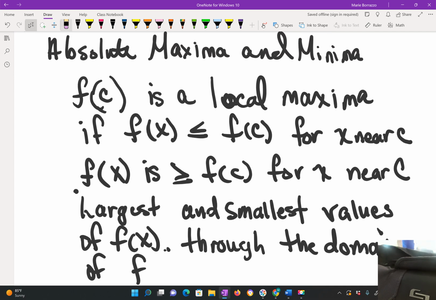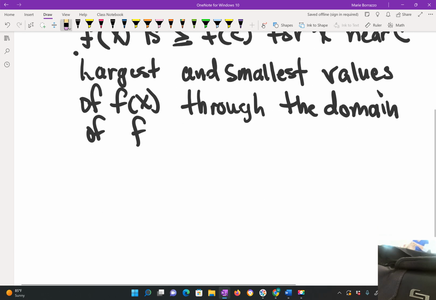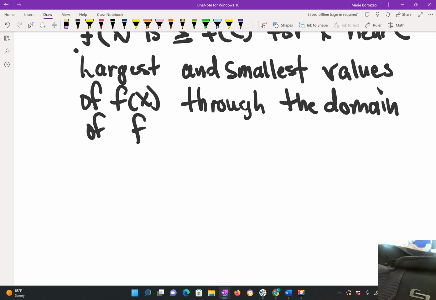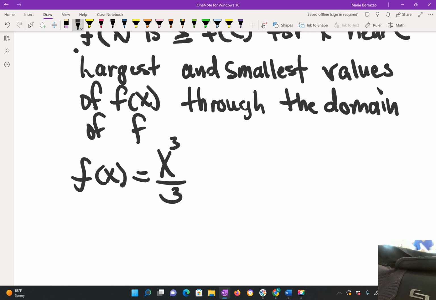So let's say hypothetically, they're giving us the formula where f of x is equal to x cubed over 3 minus 4x. Okay, so I'm just going to throw it on the screen for you. So go ahead and write down the function if you'd like.